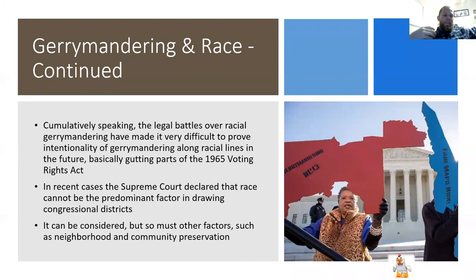It's no longer directly enforced by the Department of Justice, but the law still exists. So in recent cases, the Supreme Court declared that race cannot be the predominant factor in drawing congressional lines, which prior it was. I could go so deep into that. It can be considered, but so must other factors such as neighborhood and community preservation. So there's a number of factors.